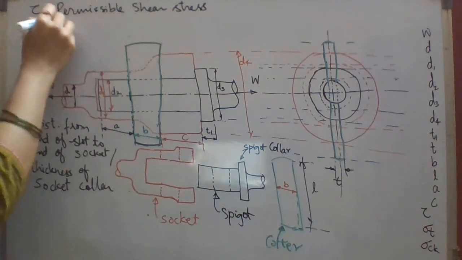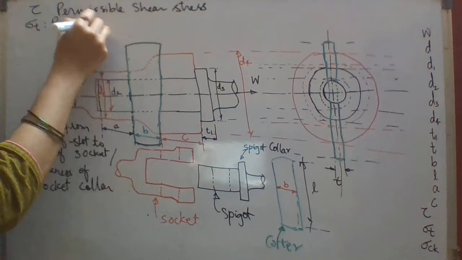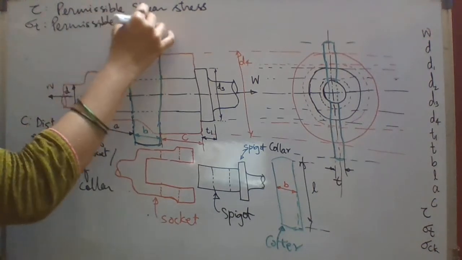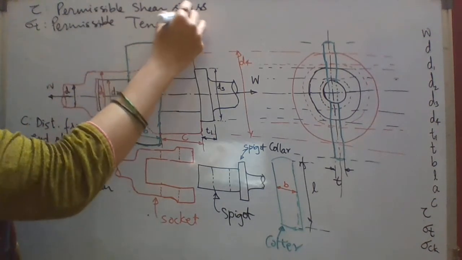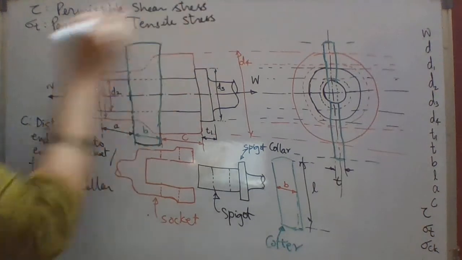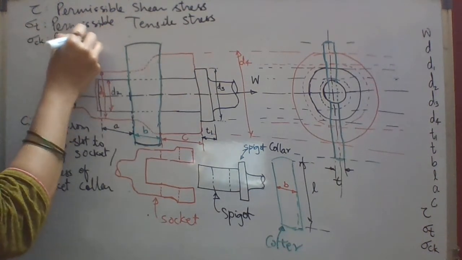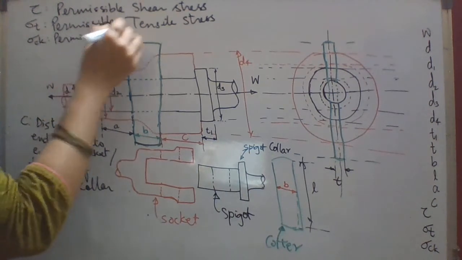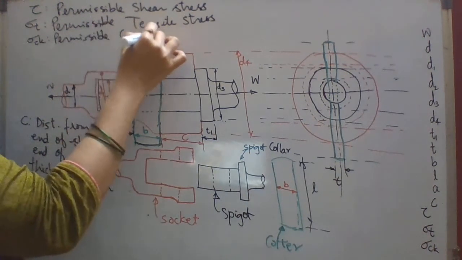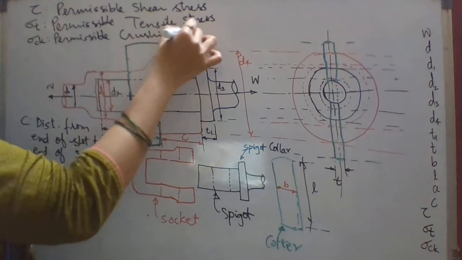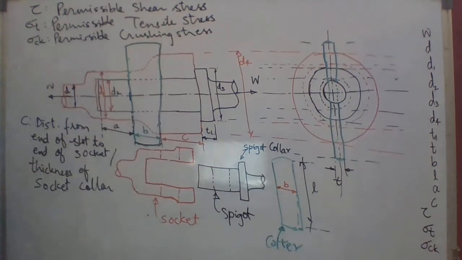Sigma T is the permissible tensile stress. Sigma Ck is the permissible crushing stress for the materials.